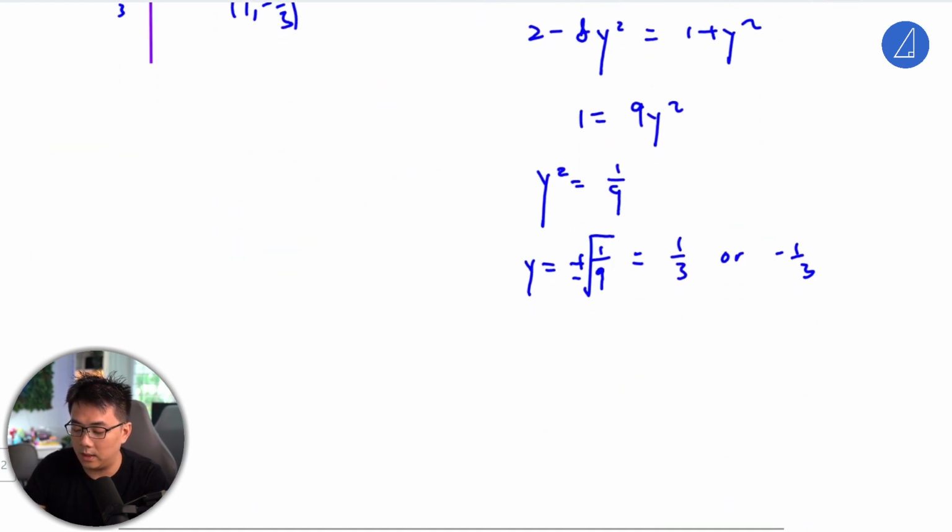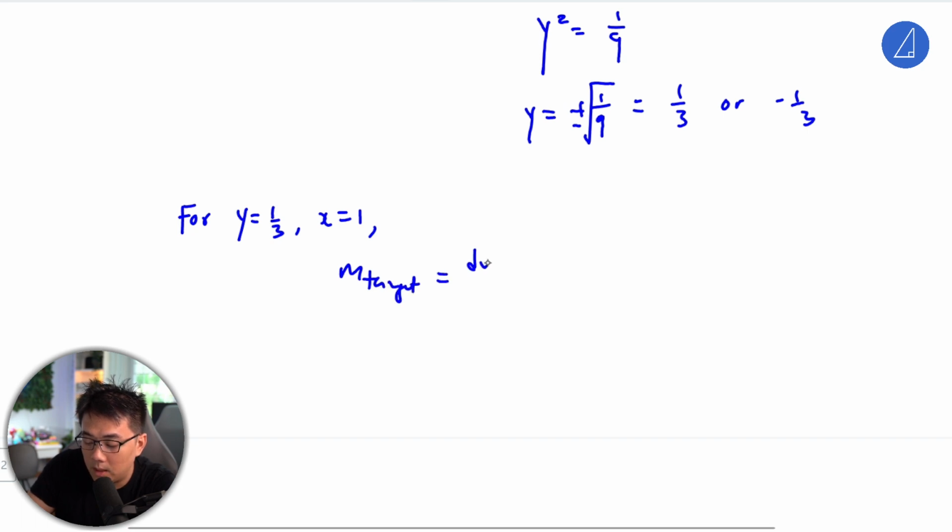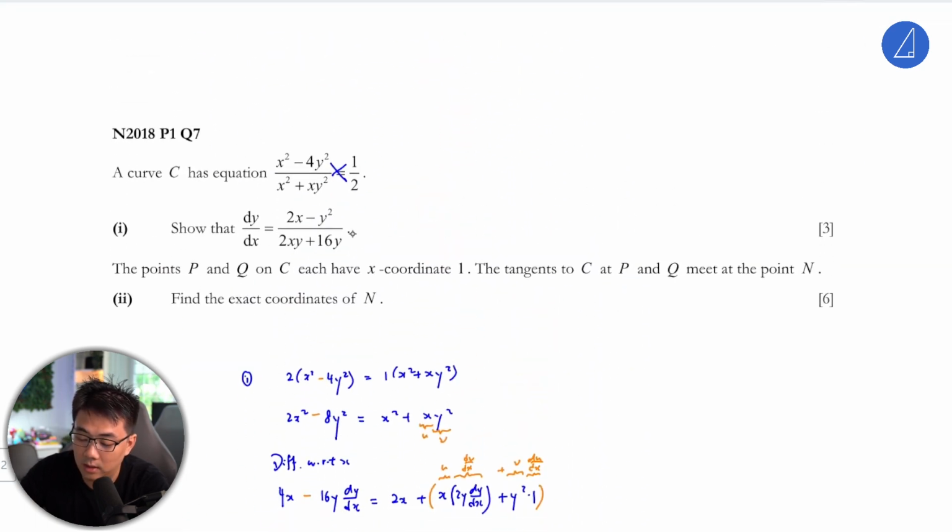So what we're going to do is just, for y equals 1/3 and x equals 1, the gradient of the tangent will be dy/dx, replacing x and y into this equation.